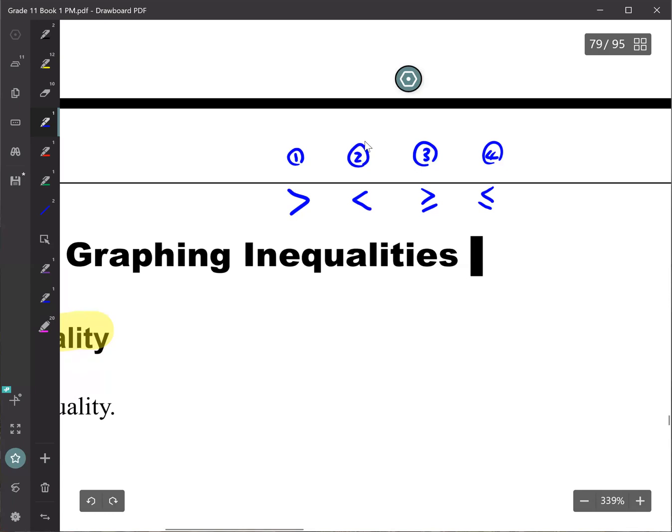Can you hear me? Chris, can you hear me? Now I can hear you. Okay, so what's the first one called? Greater than, yeah, greater than, and then less than, greater than or equal to, yeah, and then less than or equal to. Yeah, very good.